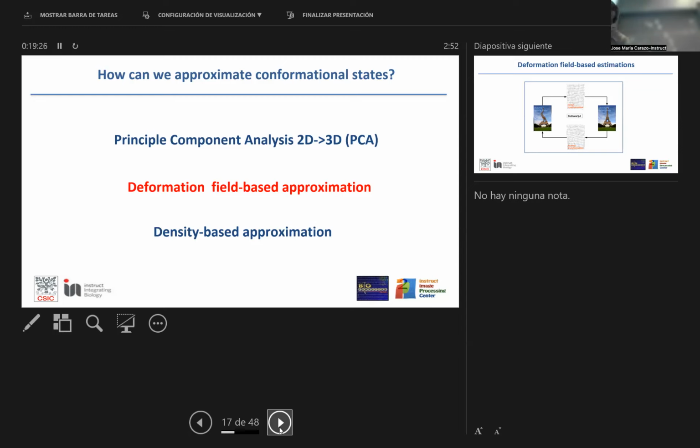However, I was from the beginning telling you to understand the limit of what you do. If besides flexibility, you have an issue of compositional heterogeneity, which is to say, your macromolecule doesn't have exactly the same composition.